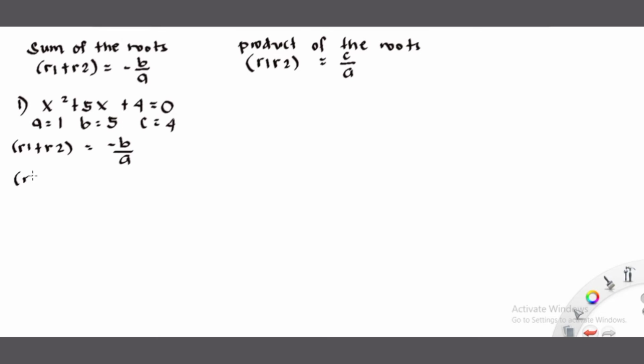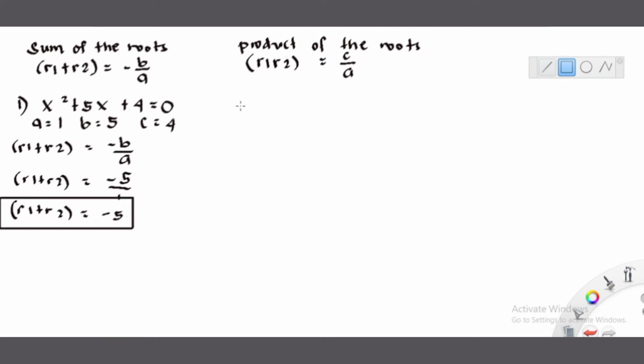So, the sum, R1 plus R2, is negative b. B is 5 divided by a, which is 1. So, the sum of the roots of our given quadratic equation is negative 5 divided by 1, which is equal to negative 5. So, the sum of the roots of x squared plus 5x plus 4 equals 0 is negative 5.